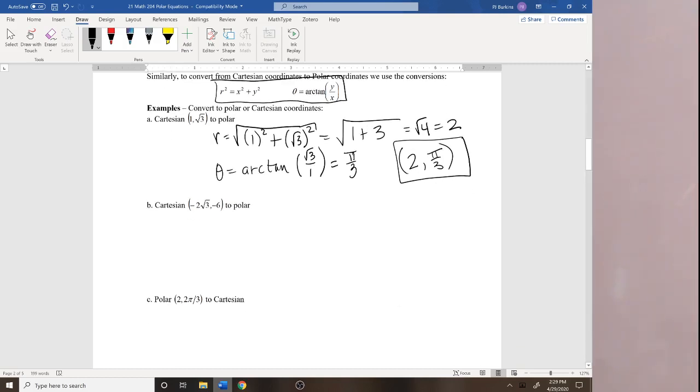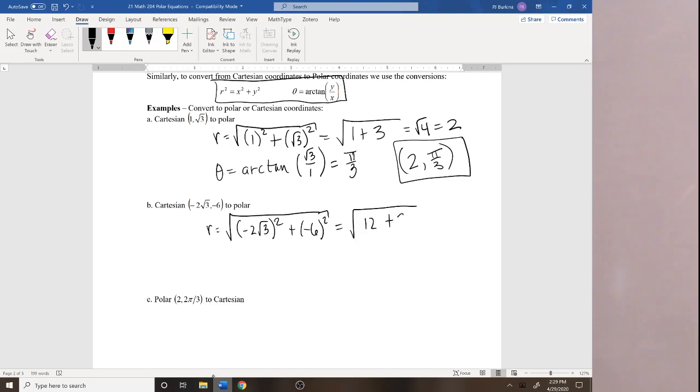So my coordinate system would be 2 and pi over 3. The second one wants us again to convert from Cartesian to polar. So r equals the square root of negative 2 root 3 squared plus negative 6 squared. This is going to be 4 times 3 in the first one, or 12.